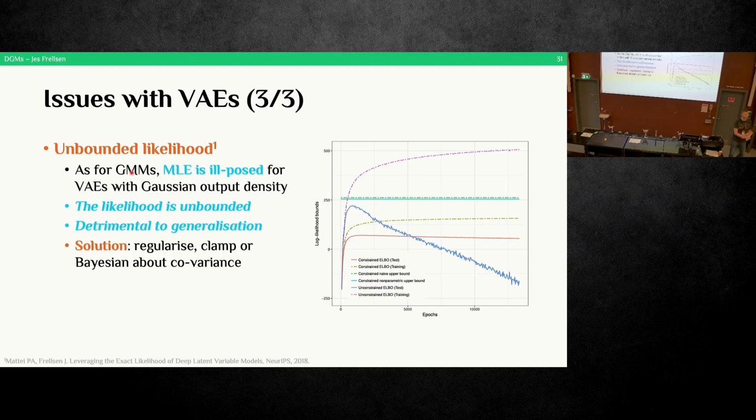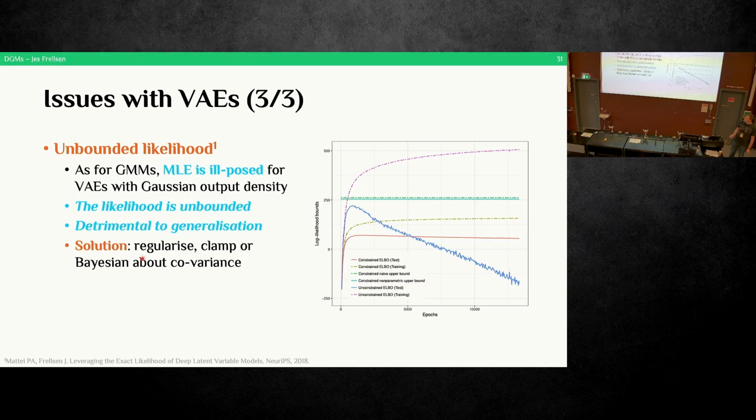If you really want to do Gaussian mixture models, you need to either regularize them or be Bayesian about them. The same is true for the VAE. The likelihood for a Gaussian output is unbounded, and if you try to maximize it wildly without regularizing, it's detrimental to generalization. You also end up getting very bad samples, even though you have a super high likelihood.